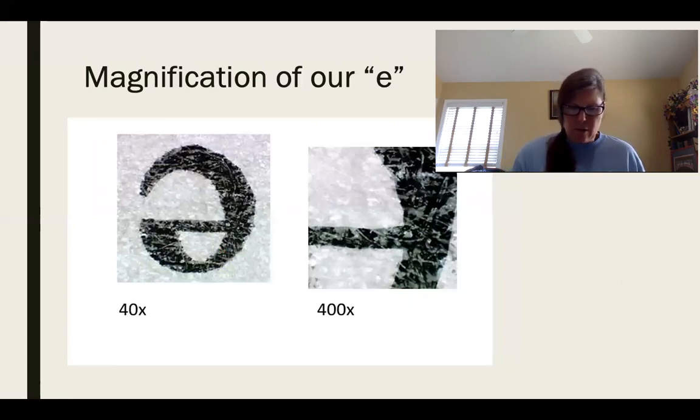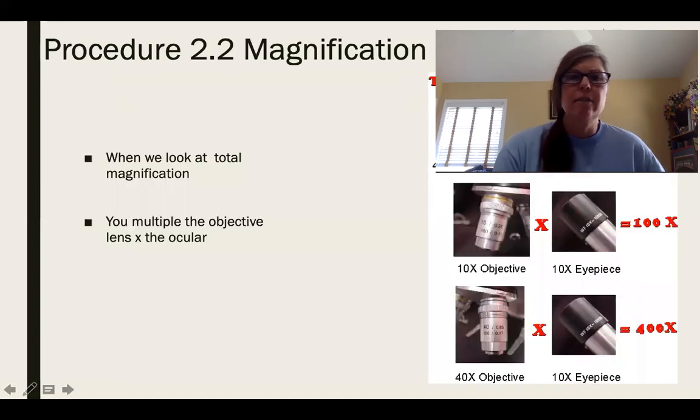And then the next question, so if we are here in the proper procedure 2.2, it asks you about magnification and focusing. So when you do this, your total magnification will always equal your objective times your ocular.